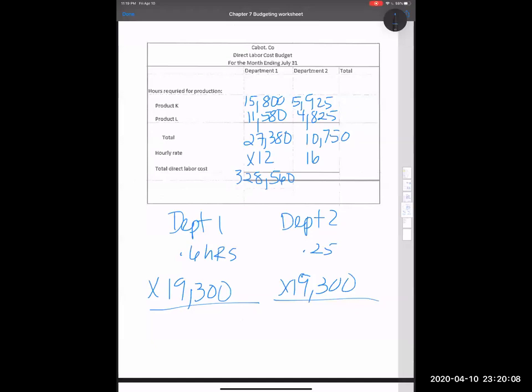Okay, and then for department number 2, we're going to multiply our 10,750 hours required for department number 2 for each product times our $16 per hour rate, which equals $172,000. And so our total direct labor cost budget for the month of July, if we add both of those numbers together, will equal $500,560. Okay, and that's how we've come up with our direct labor cost budget.